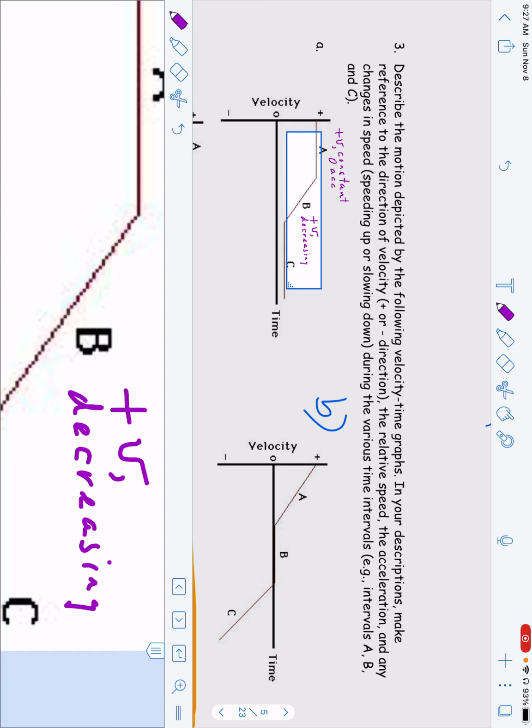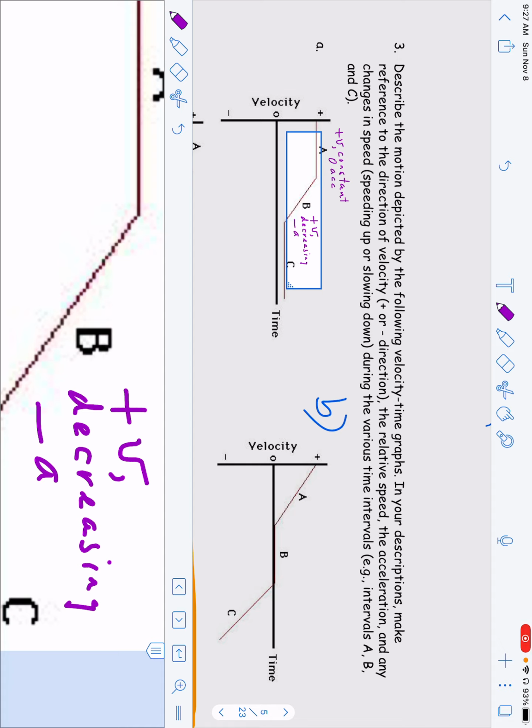You have negative acceleration because it's a downhill slope.